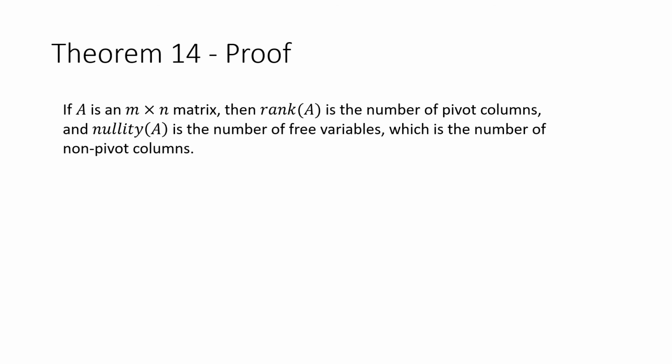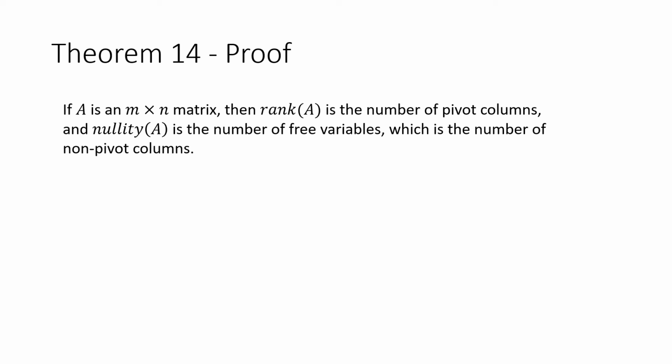And what's the proof of that? Well, just a sketch of the proof. Think about how you get the number of elements in a basis for the column space and how you get the basis for the null space. You row reduce. To get the column space, you pick the columns that are pivot columns. To get the null space, you have these free variables.